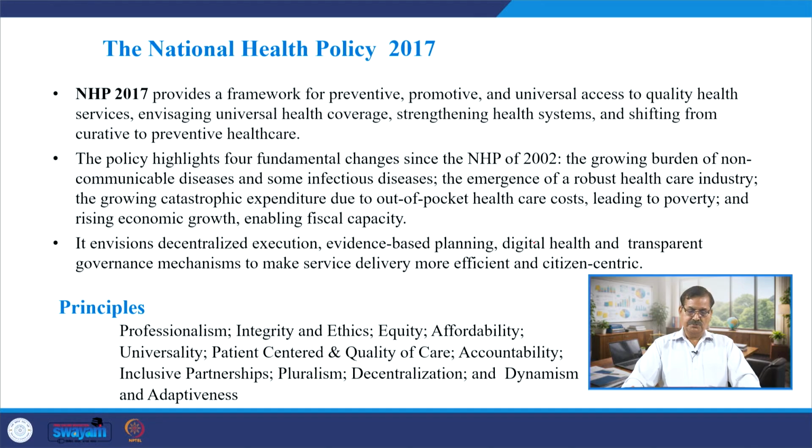So preventive, then promotive, and then universal access to quality health services are the main objectives of the National Health Policy 2017. It also envisages that healthcare should be made universal, and it should strengthen the existing healthcare systems and also shift from curative to preventive health.